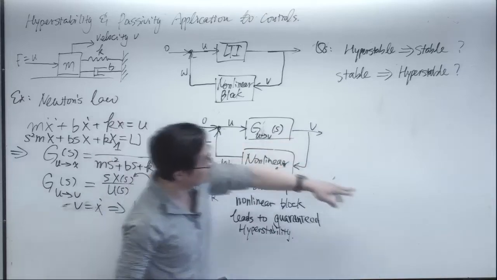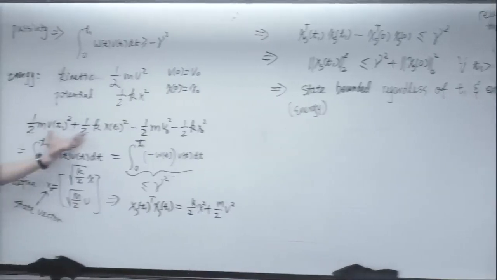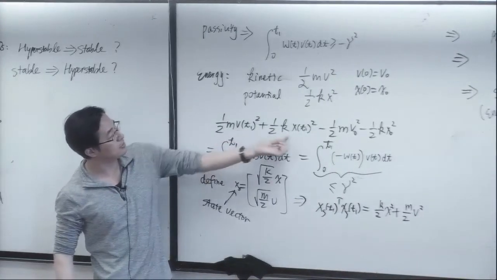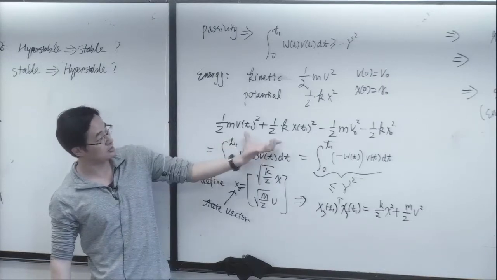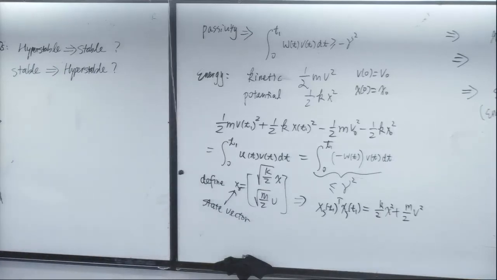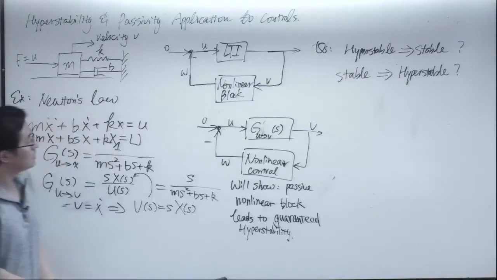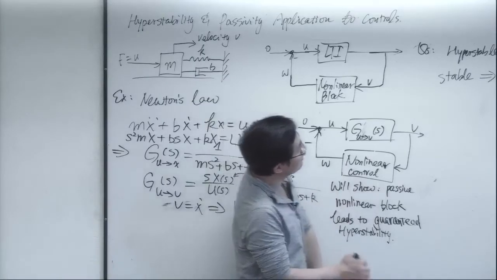And then, more specifically, if you think about this energy being zero, the only way is for both the position and velocity to be zero. So all the states will converge to zero. So that's the physical intuition about Popov inequality, passivity, and the stability. So that is for this picture.